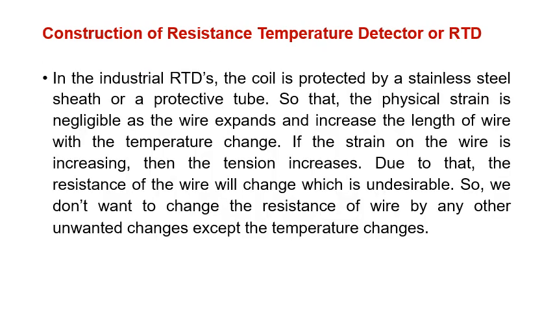In the construction of the RTD, we have to keep in mind that the heat is supposed to be transmitted to the sensitive element, and at the same time we have to make it mechanically strong. For that, we put the sensitive element inside the stainless steel tube, which is going to protect it against mechanical action, and it will transfer the heat without problem.